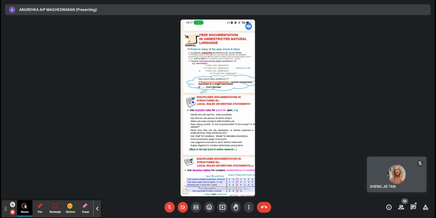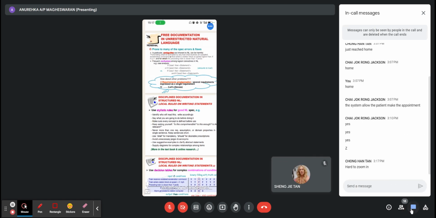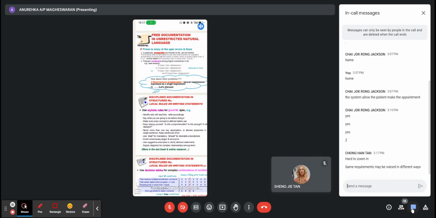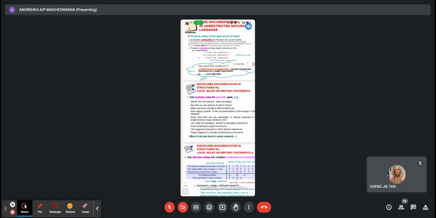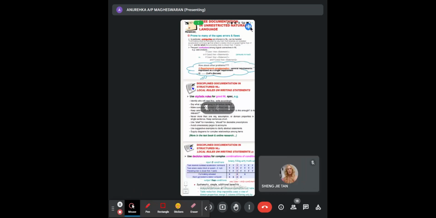Okay, the main drawback is lack of clarity. Sometimes requirements can be ambiguous. You know why ambiguous? When someone says something, different people understand differently. So you have more than one interpretation, because the requirement has no format.